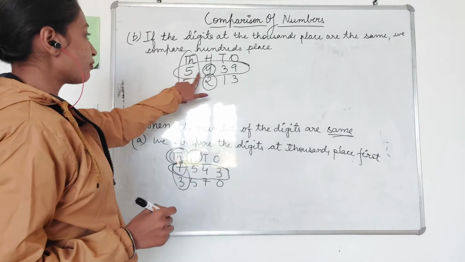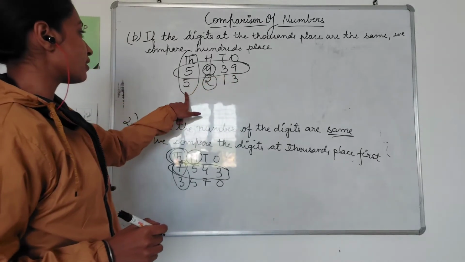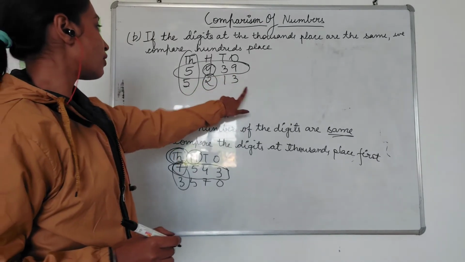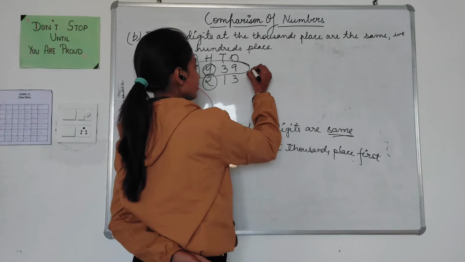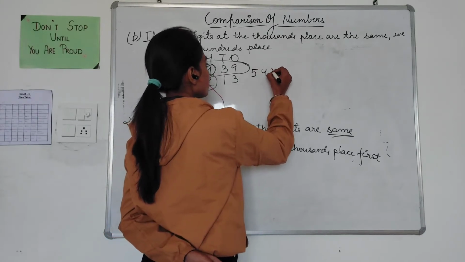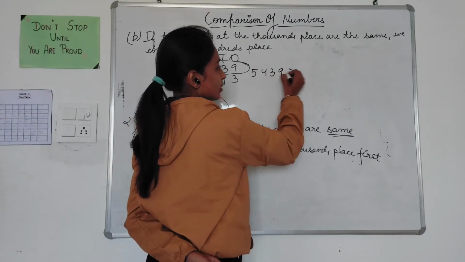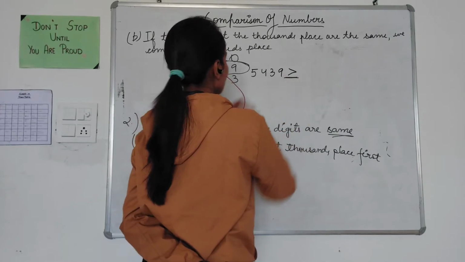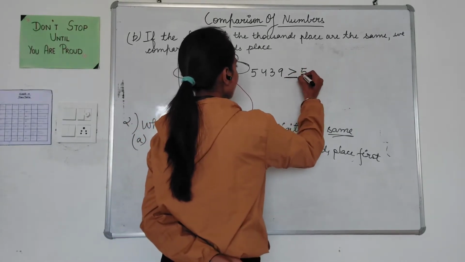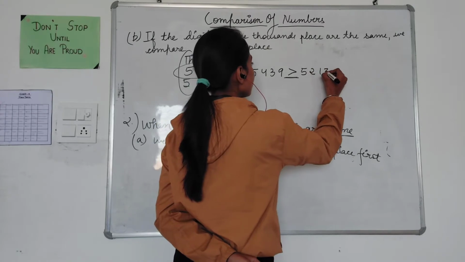Okay, 5, 4, 3, 9 is greater than 5, 2, 1, 3. So how do we write it? 5, 4, 3, 9 is greater, okay, this is the sign, 5, 2, 1, 3.